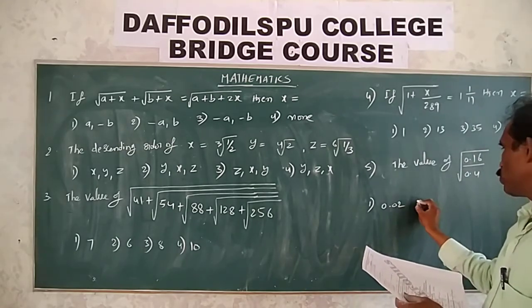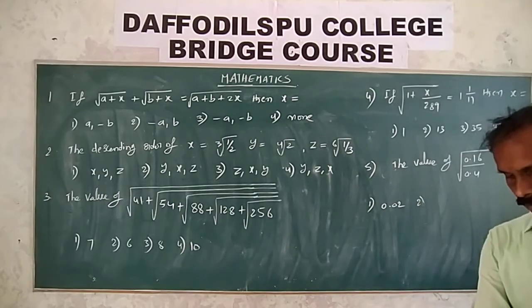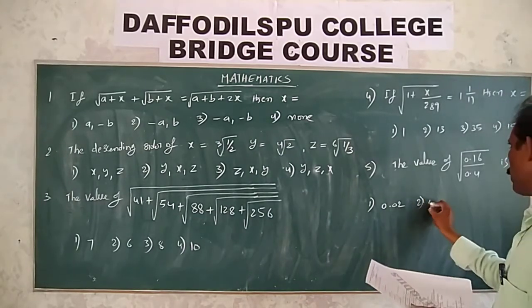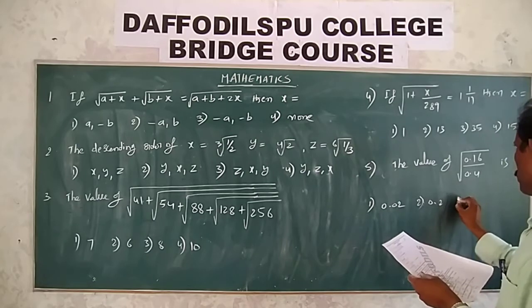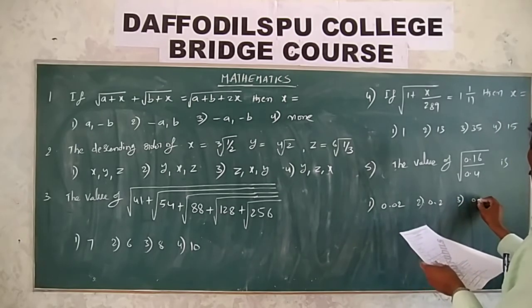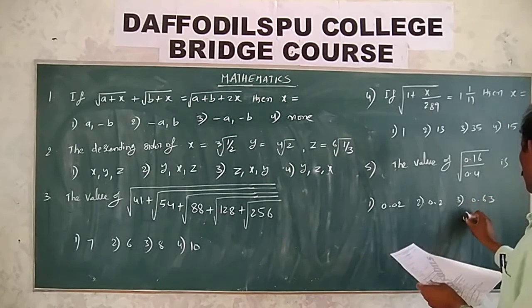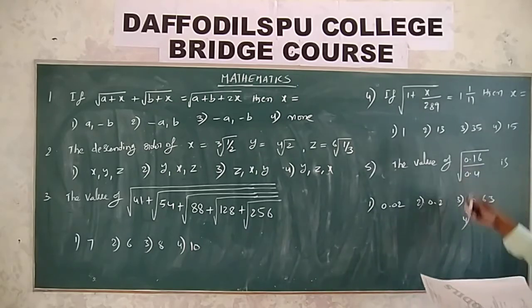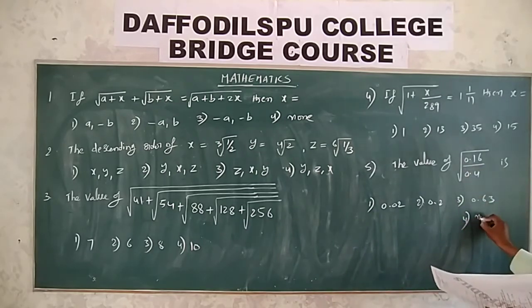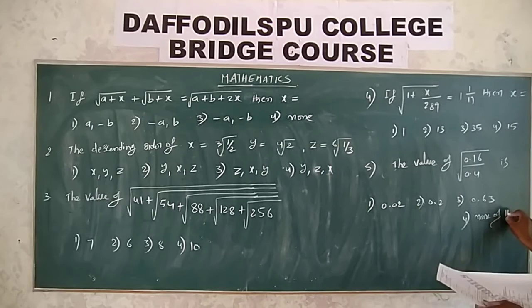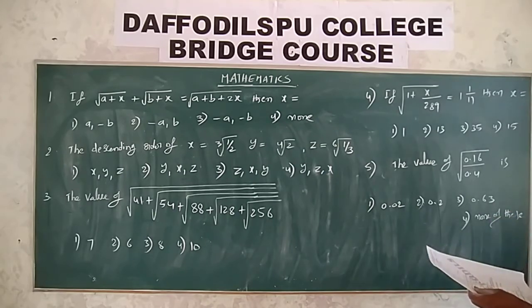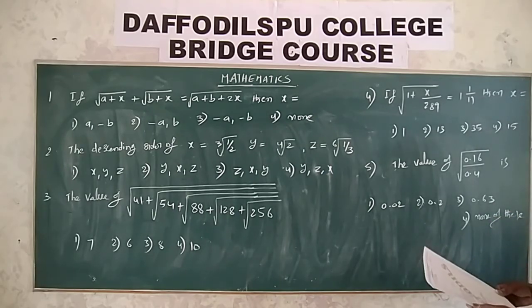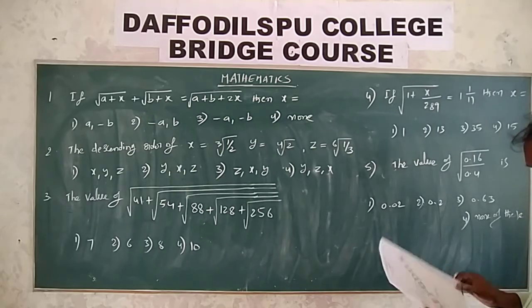First option 0.02, second option 0.2, third option 0.63. These are not equal to this value. So last option, none of these. Okay, students.